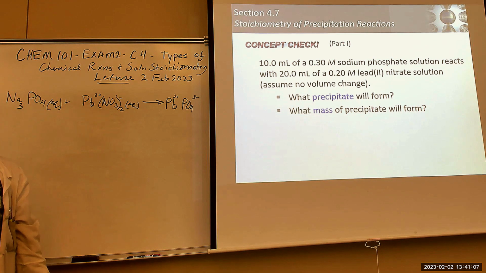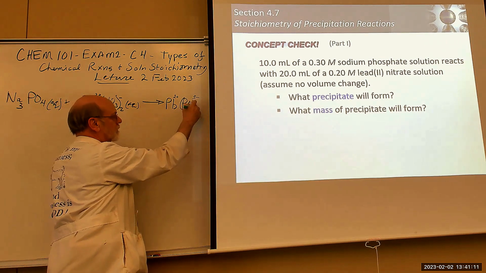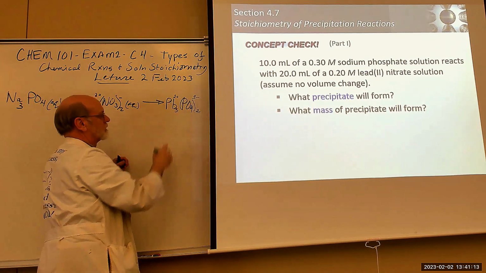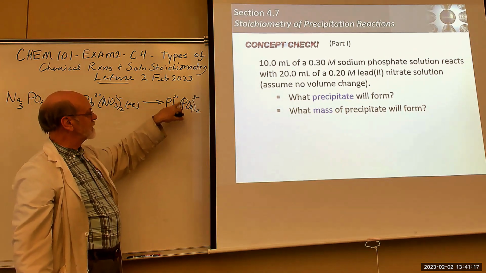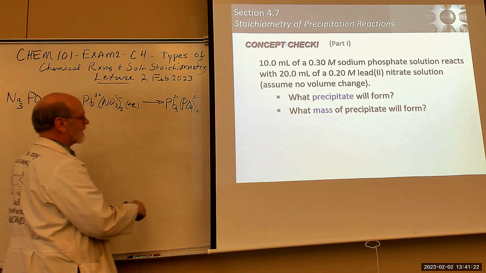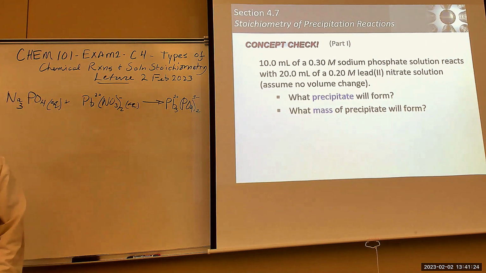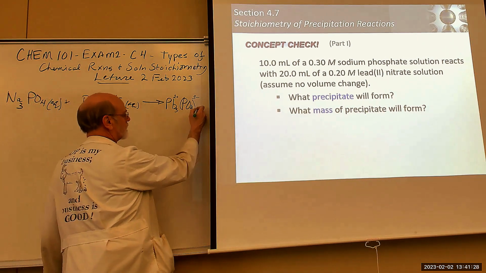When you got an odd and an even charge, cross multiply. Take the 2 over here and the 3 over here. And check yourself. 2 times -3 is balanced by 3 times 2+. So we're good. Now, is this one soluble? You can look it up. It's insoluble. Right? That's a solid.